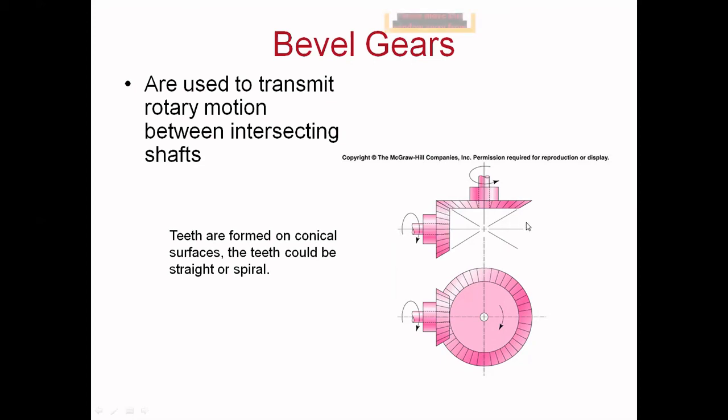The axis of this and the axis of this are perpendicular to each other. The axes of both shafts are perpendicular and are used to transmit rotary motion between intersecting shafts. Teeth are formed on conical surfaces. Teeth could be straight or spiral. This type of gear is known as a bevel gear.